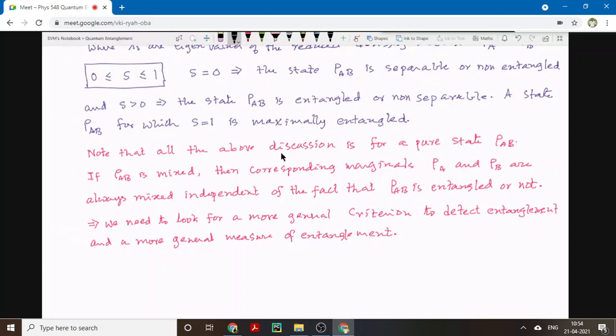Okay, so let us continue with pure bipartite states.